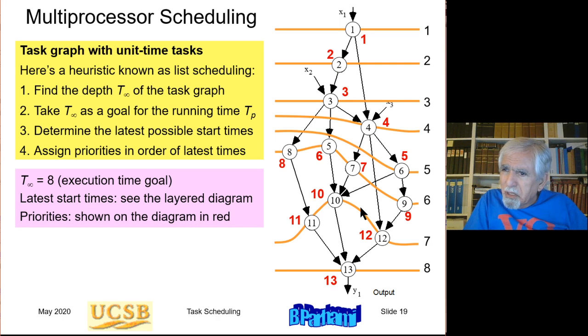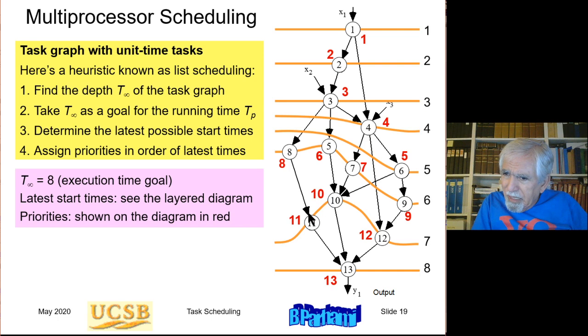So this task is priority 1, priority 2. The red numbers are priority 3, 4, 5. Now among these 4, I assign priority 6 to this one, 7, 8, and 9. Okay, I've used some criterion that I'm not discussing here, whatever that might be.